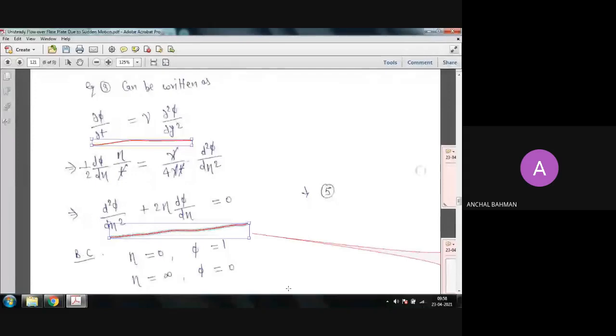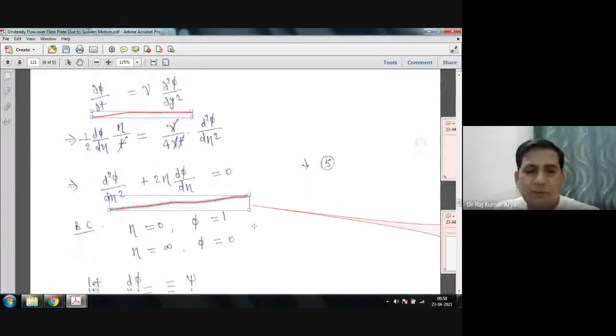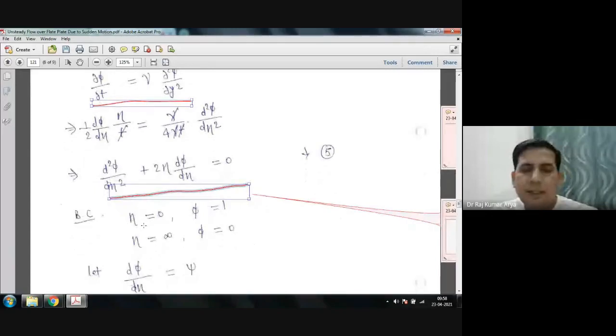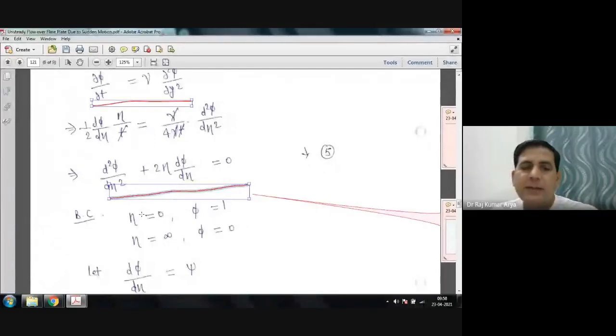Yes, sir. So now you can find your non-dimensionalized boundary conditions again in terms of eta. Eta is nothing but y upon under root of 4 nu t, right? Yes, sir. That was the eta which you have considered. Now phi equal to 1, what is phi? Phi is u upon u naught, right? Yes, sir.